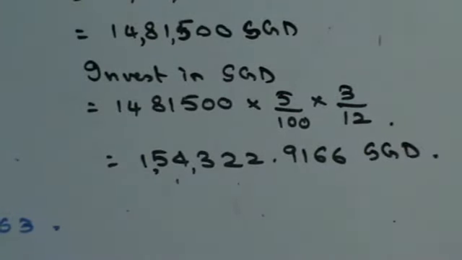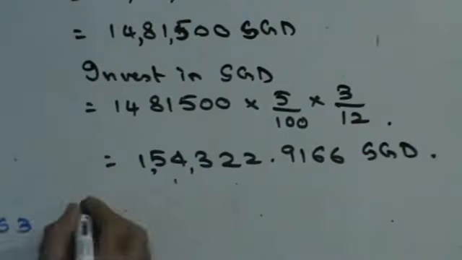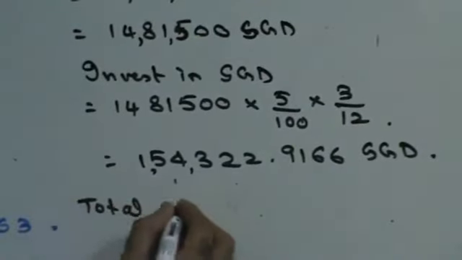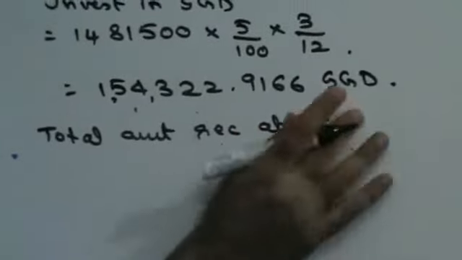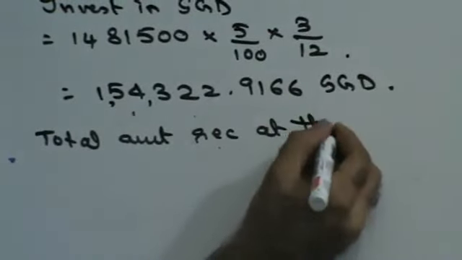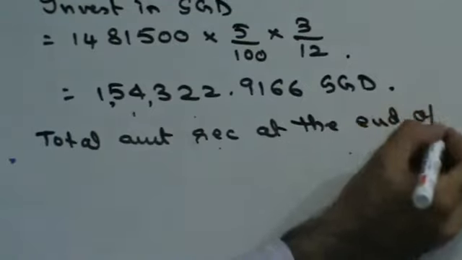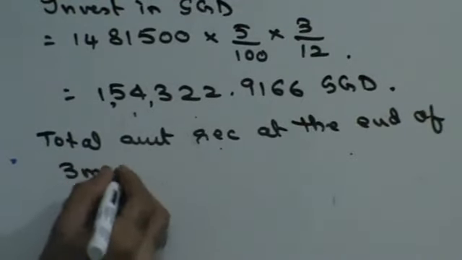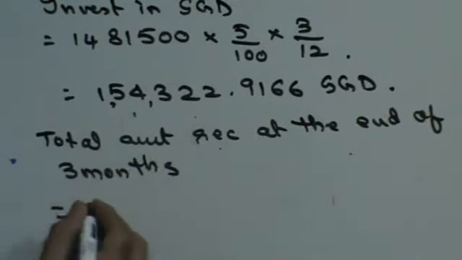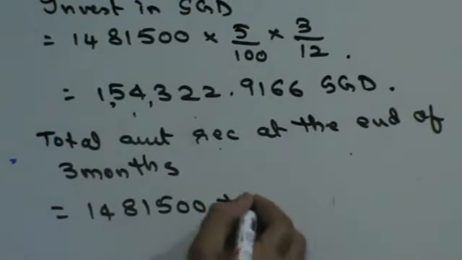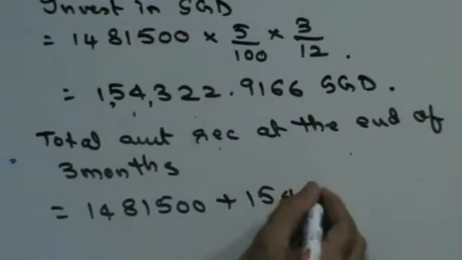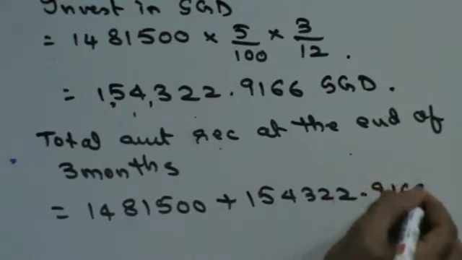That is the interest that I'm going to get. So the total amount received at the end of three months is going to be the principal amount, that is 14,81,500, plus 18,518.75.